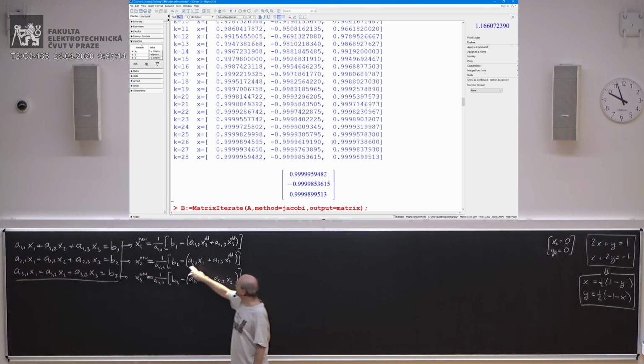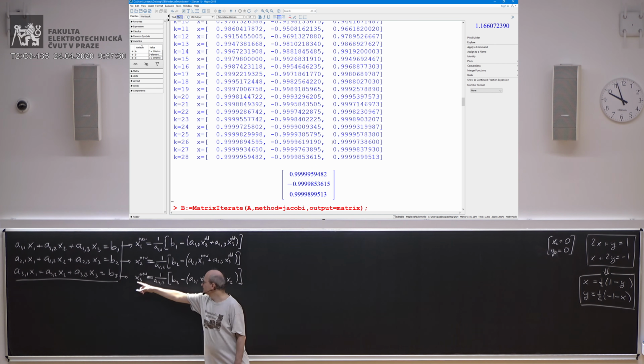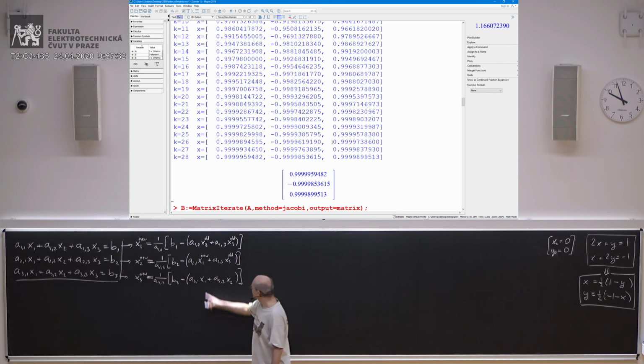But I already calculated a new version of x1, and I hope that this is a better version, that it's closer to the actual solution that I'm looking for. So why don't I use the new version of x1 in my formula? This looks like a good idea. Now I'm calculating x3, the new version, and I'm using x1, x2.